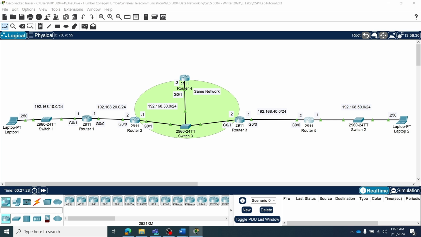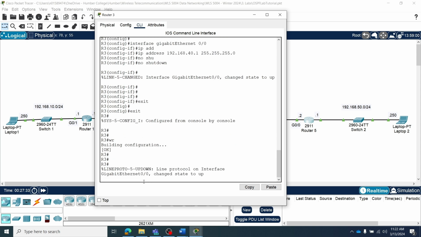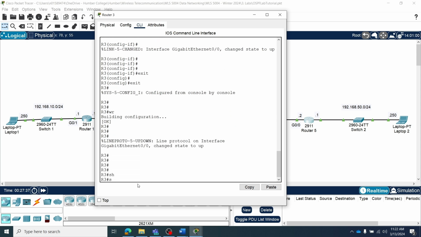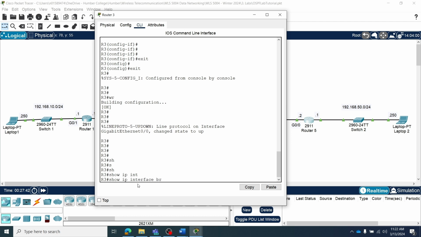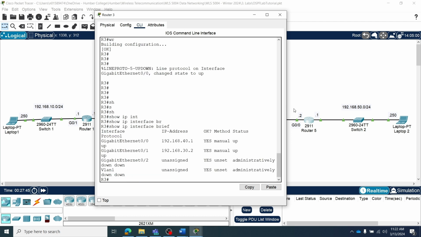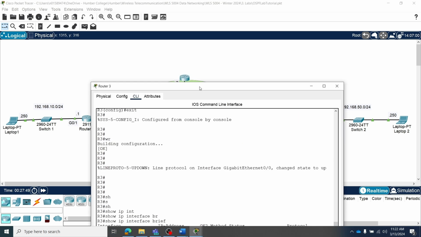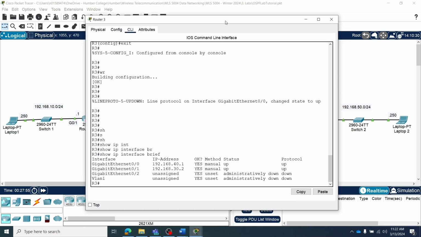For example, if we look at router 3 and do show IP interface brief, we can see that on this router we have configured two interfaces, gigabit 0 and gigabit 1.